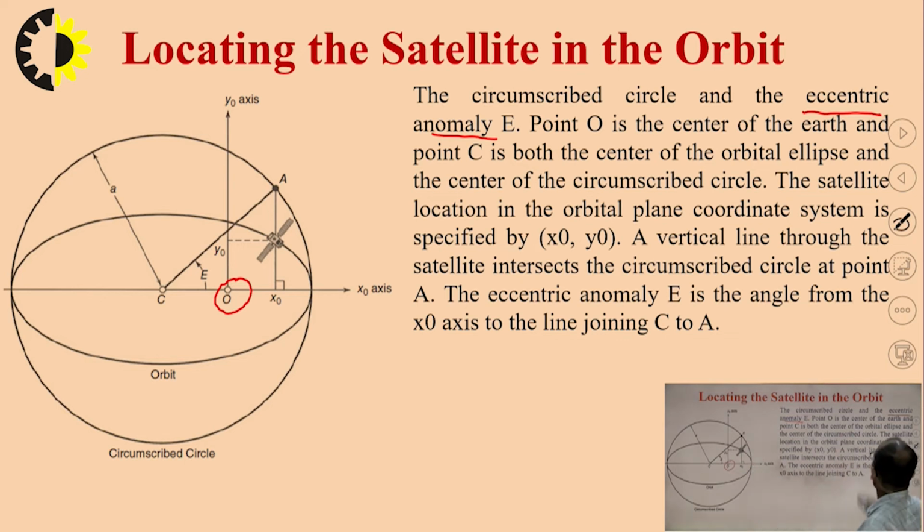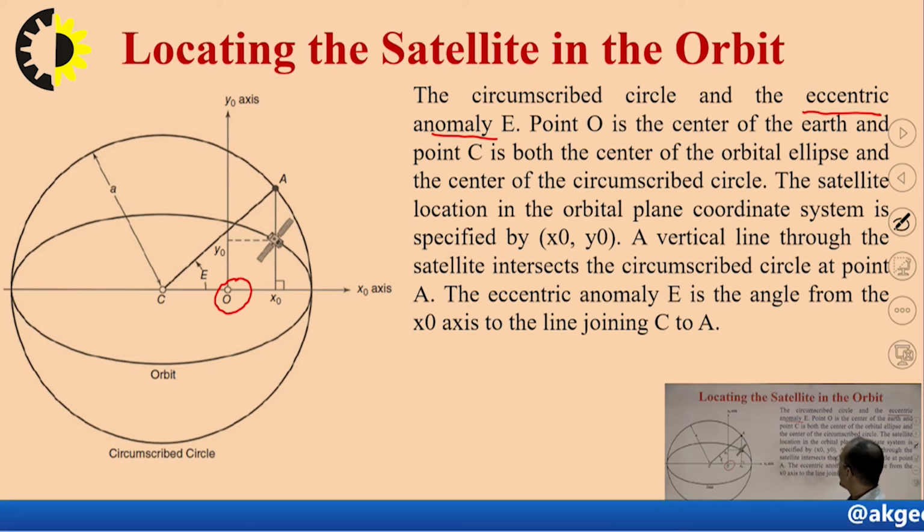So point O is the center of the earth, and point C is both the center of the orbital ellipse and the center of the circumscribed circle. You can see here this is the orbit of the satellite. We are taking a circumscribed circle, that is this circumscribed circle. So how are we going to use this?